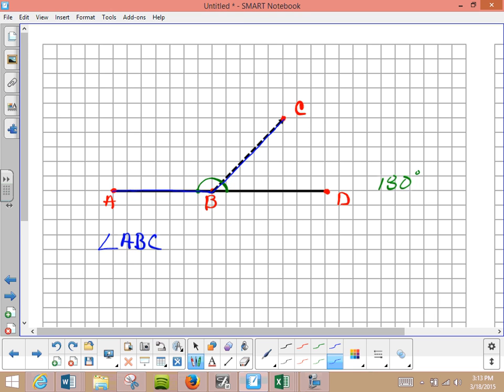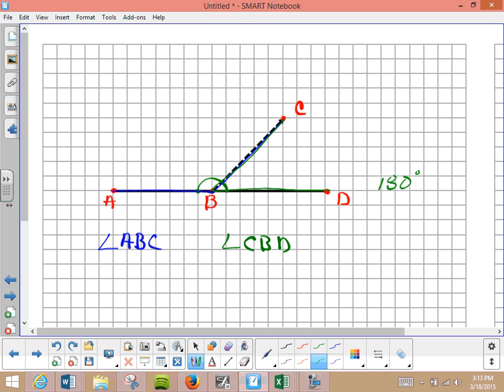I just want you to color or highlight the first angle. For the second angle, it'll be C, B, and D. So angle CBD is colored in green.